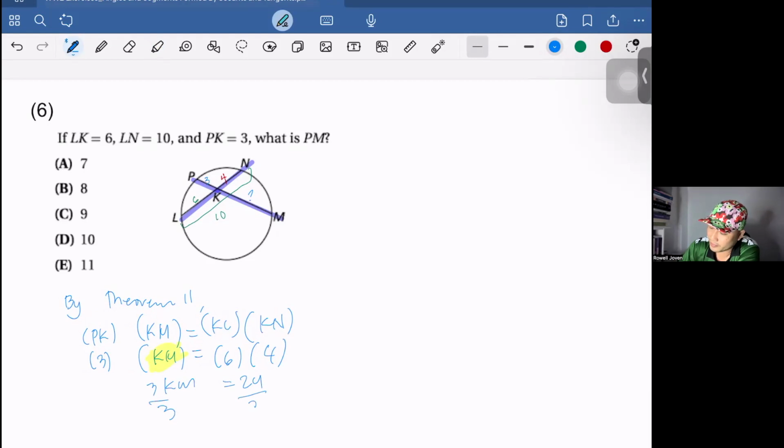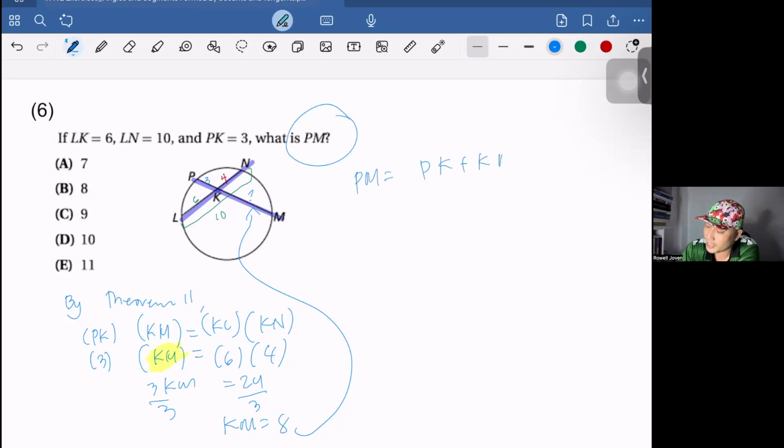We divide by 3. KM is, what is 24 divided by 3? 8. So this is 8 units, right? KM is 8. But what do we want? We want PM. So to get PM, PM is just PK plus KM, correct? How long is PK? 3. How long is KM? 8.